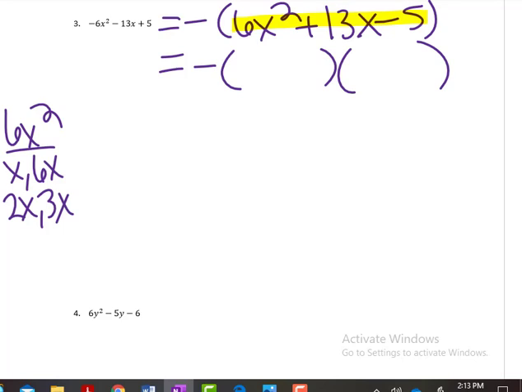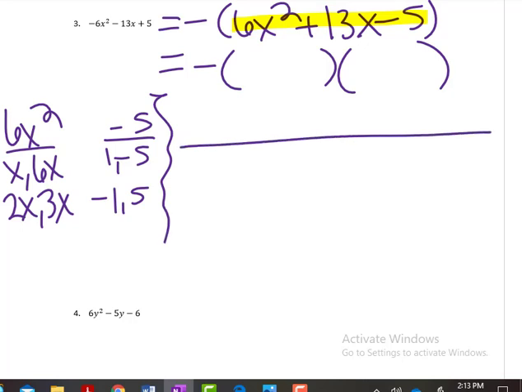All right, so now let's take a look at factors of negative 5. It's either going to be 1 and negative 5 or negative 1 and 5. All right, so I'm going to go to my little chart, and I'm going to start with x and 6x, and negative 1 and plus 5.